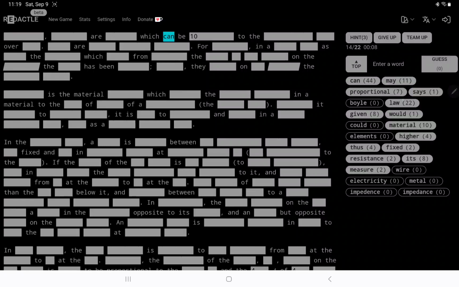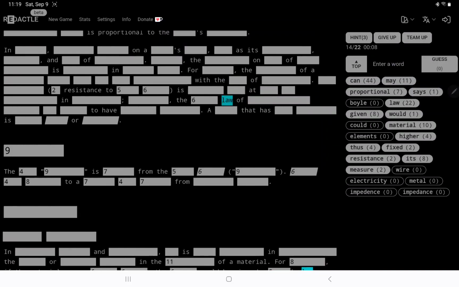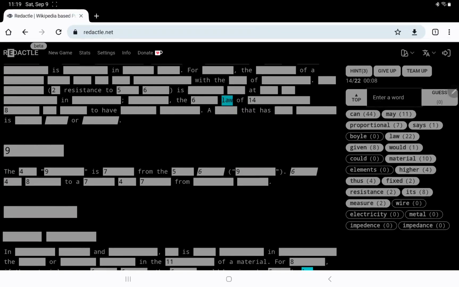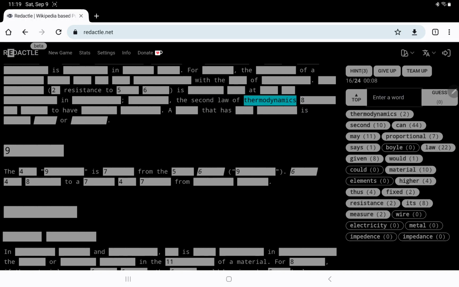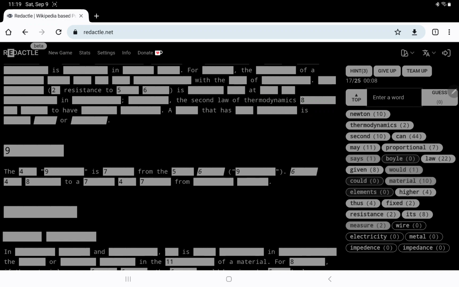Okay, let's look at our laws. The something law of, I think that's the second law of thermodynamics. Yes. Is Newton going to be involved?